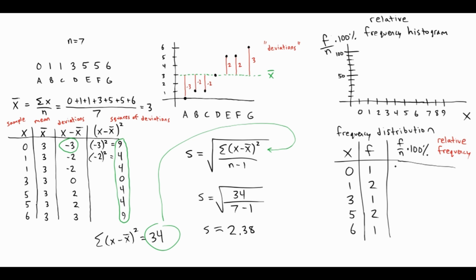Alright, so there are 7 pieces of data. So my first one's going to be 1 out of 7. That's 14%. Then we have 2 out of 7, which is about 29%. And you just keep calculating them like that.